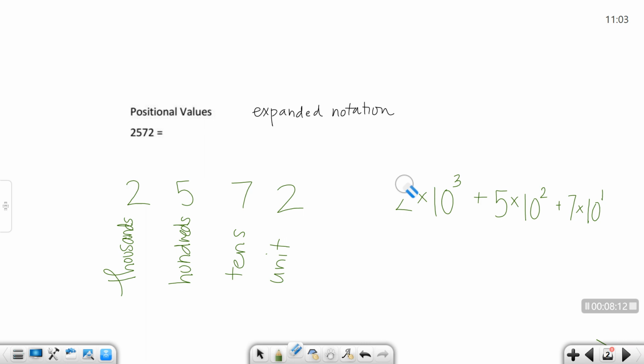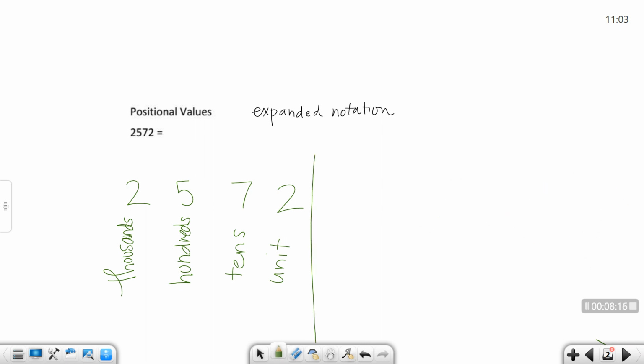Okay, I'm having a little trouble with my marker, so let me start back over writing them. I'll even do it this way. That might make a little bit more sense for you. 5 is in the hundreds place. 7 is in the tens place. And 2 is in the units place. Okay, so that's how you kind of want to think about these.